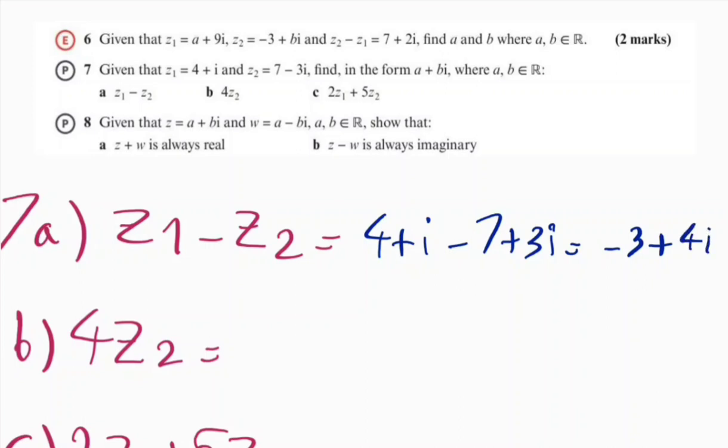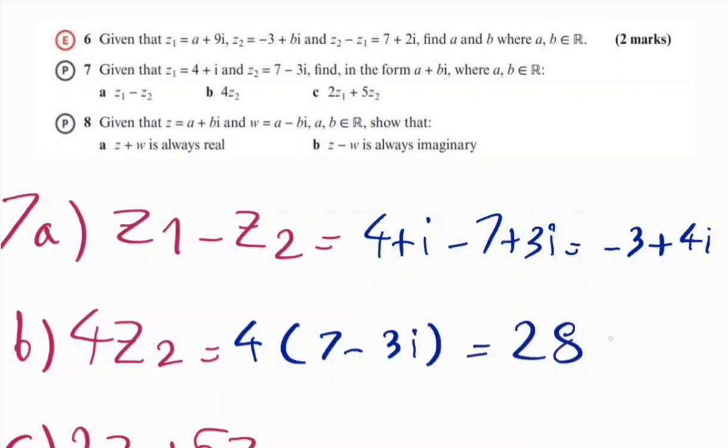B, 4z2. So this means 4 times z2, and z2 is 7 minus 3i. So we get 28 minus 12i. C, 2z1 plus 5z2. So 2 times z1, z1 is 4 plus i, plus 5 times z2, and z2 is 7 minus 3i.